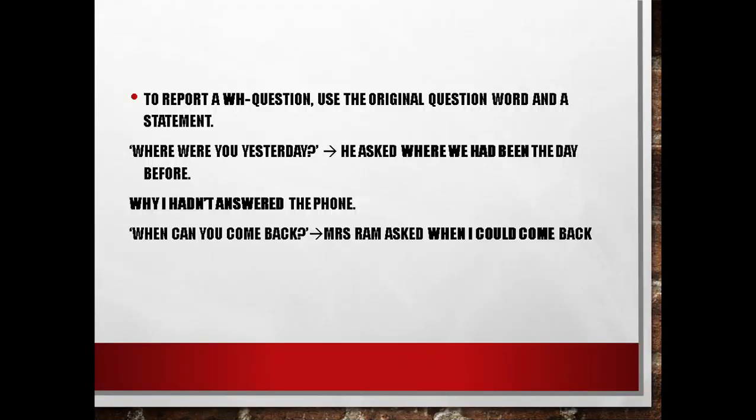Okay, to report a WH question, we use the original question word and a statement. This is so easy to follow. So let's read the first example. Where were you yesterday? The report could be, he asked where we had been the day before.